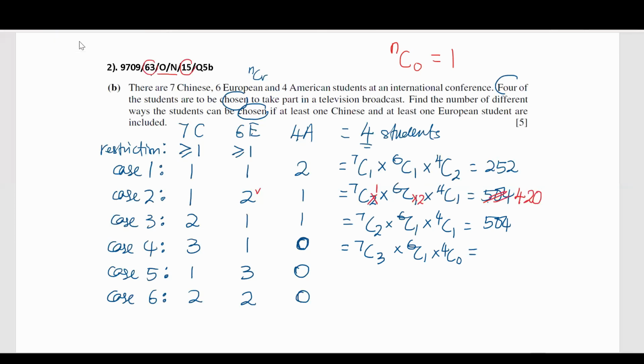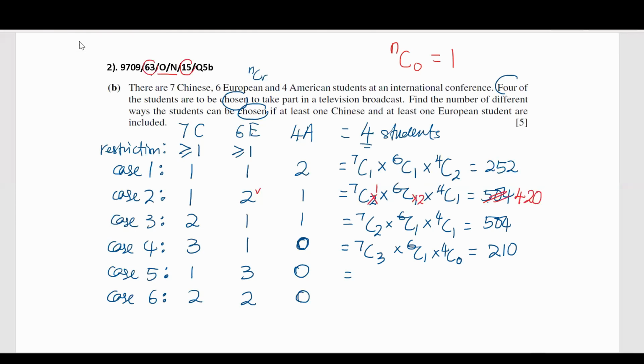Okay, using the calculator, finding 7C3 multiplied with 6C1, we get 210. And multiplied with 4C0, which is 1, so I'm getting the number of ways as 210.